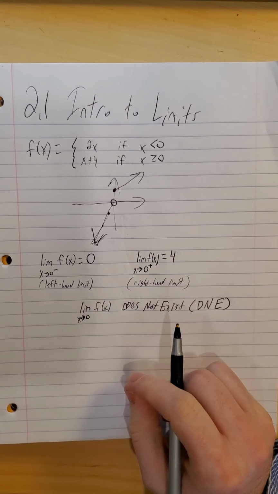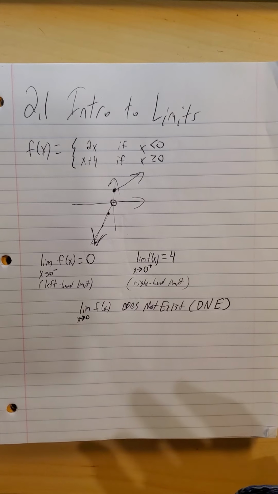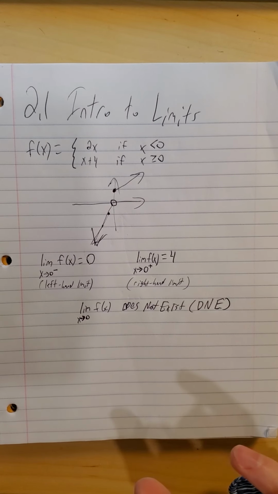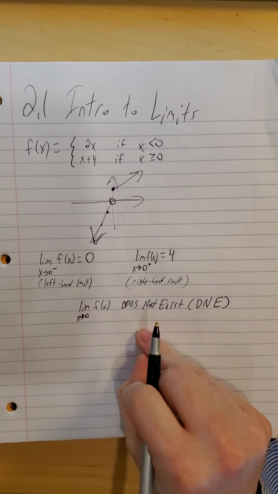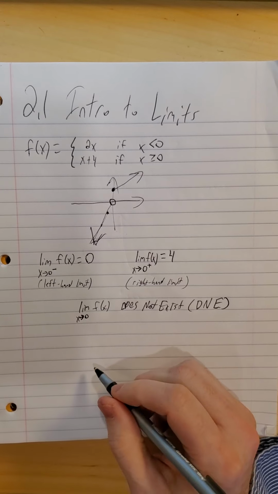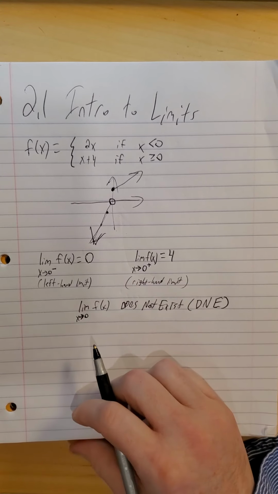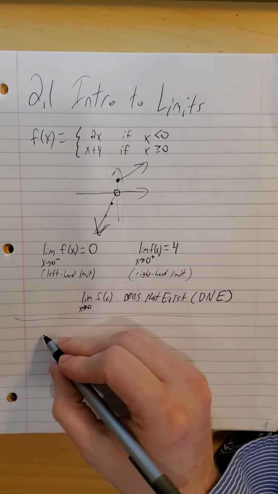So that limit does not exist. I can't say, again not specifying sides, as we get close to 0, the y values get close to some number. If they do agree, then the limit does exist.